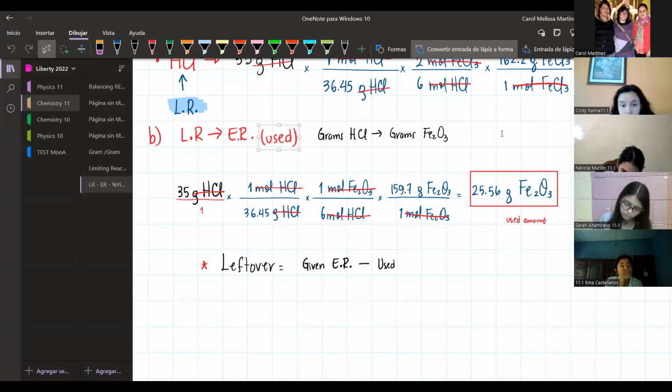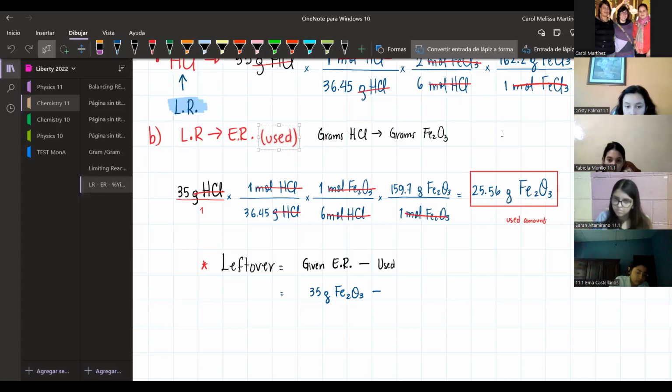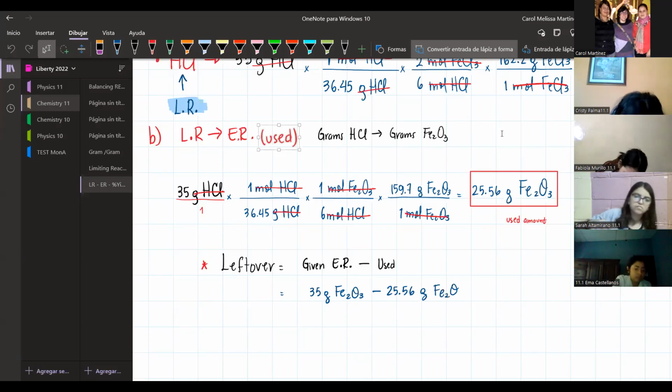So they gave us 35 grams of iron 3 oxide, and we used in the reaction only 25.56 grams. Don't be lazy, write the units, write the substance. How much is this? 9.44 grams.